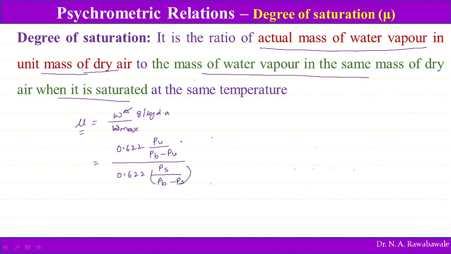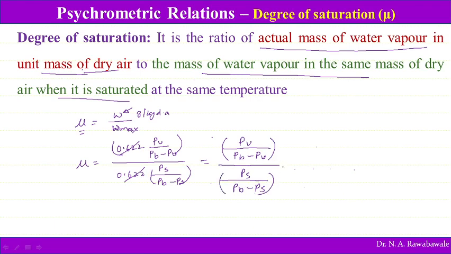Using equation number 3 and equation number 4 we can write mu is equal to this one. From this, 0.622 gets cancelled, and what remains is PV divided by PB minus PV in the numerator, and in the denominator we get PS divided by PB minus PS.